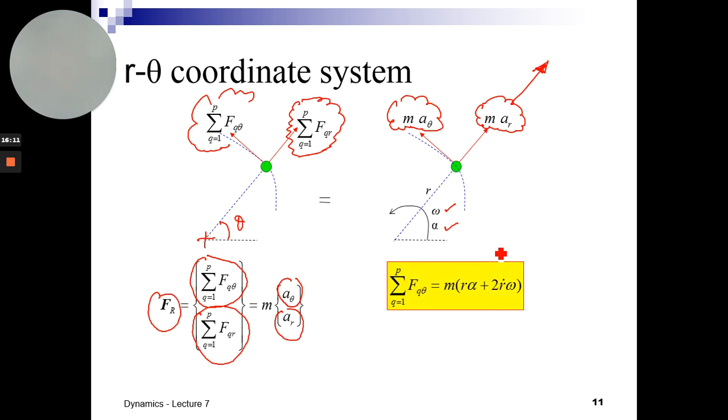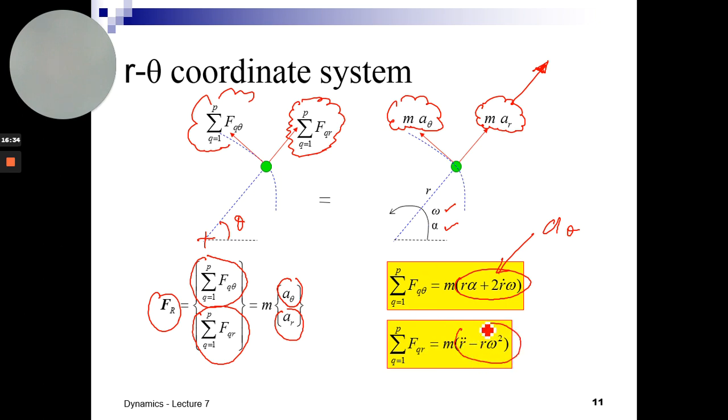So this is the, bukan say simplified, the expansion of the equation. So actually this one is representing a theta, and then this is a radial.